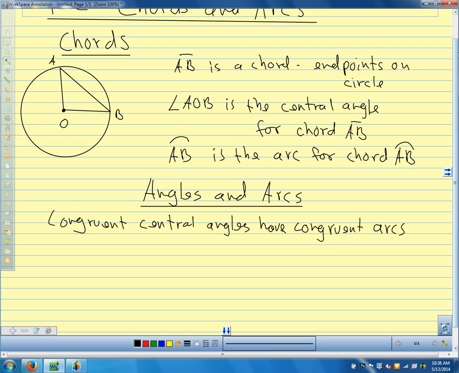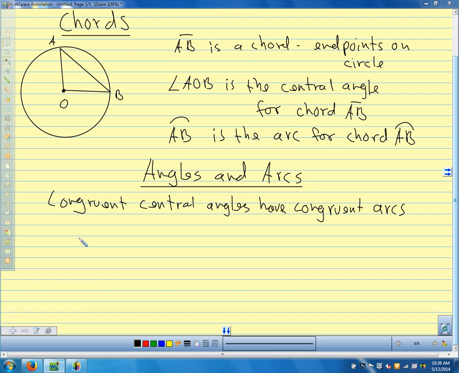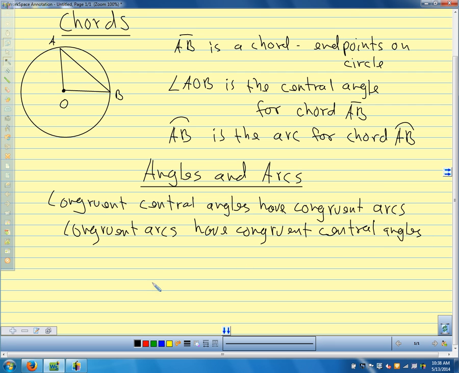And the converse is also true. So we just turn it around. Congruent arcs have congruent central angles. And our picture for this, we'll draw a picture.